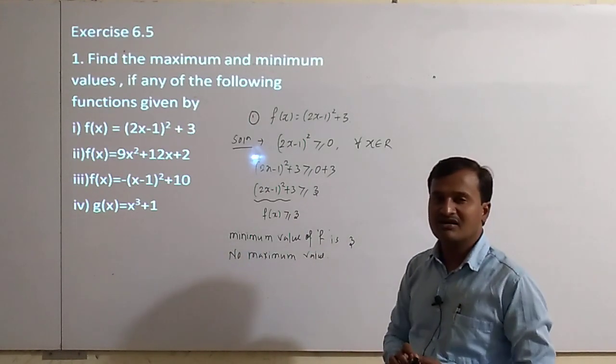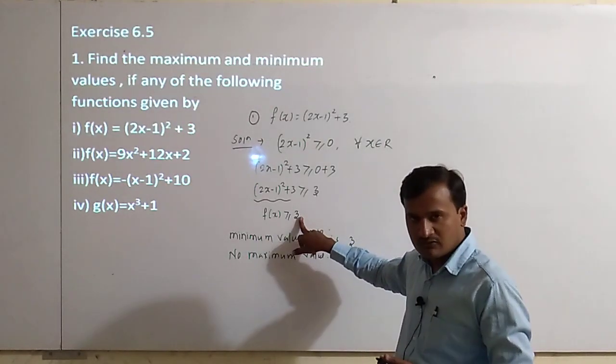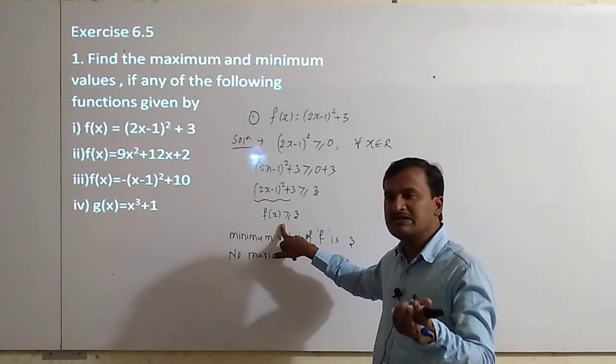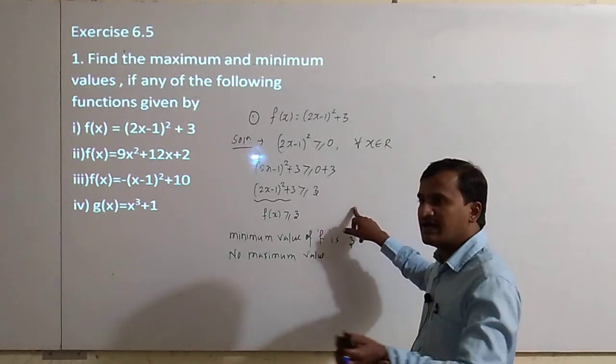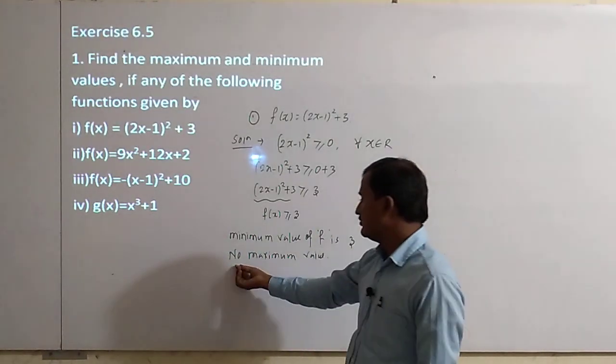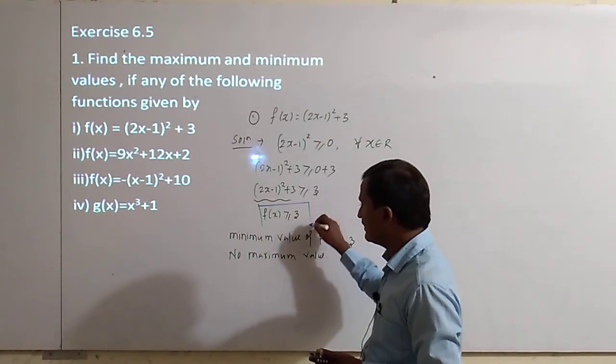Why does it not have any maximum value? f of x is more than or equal to 3 means minimum is 3, more than 3 means we are getting 4, 5, 6, 7, 8 up to infinity, hence no maximum value, right? So here we have written like this.